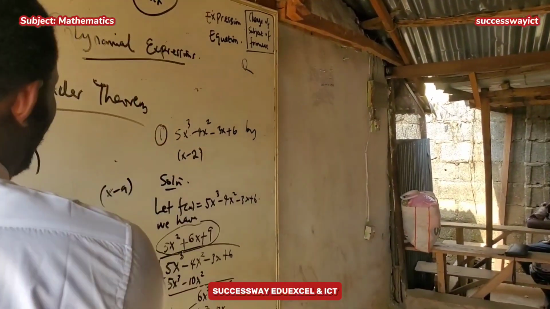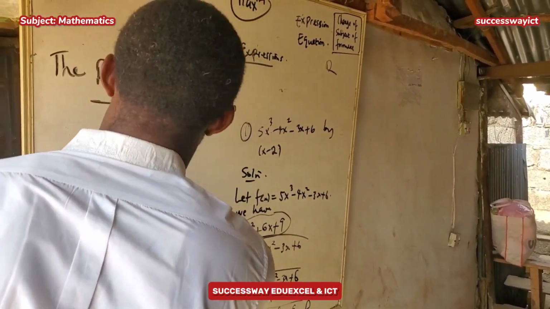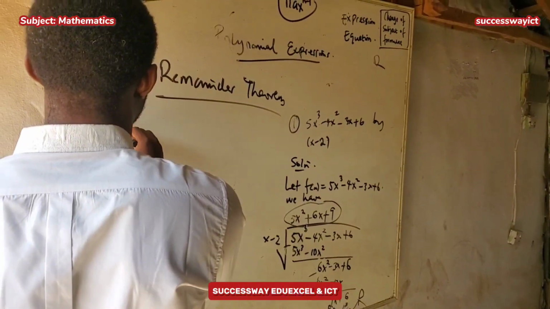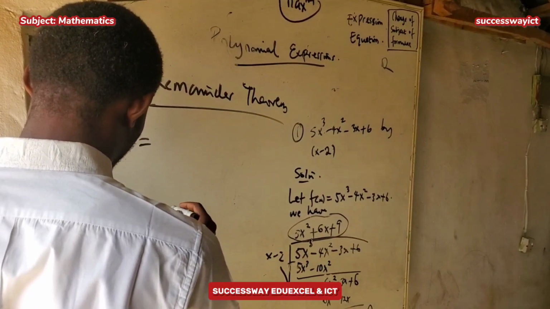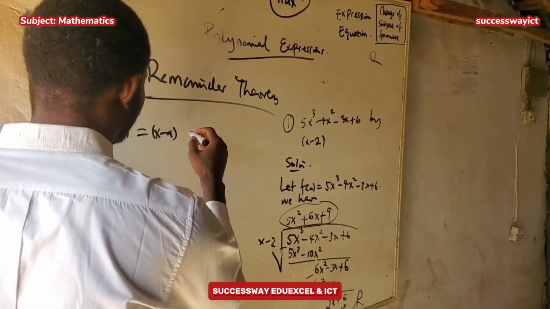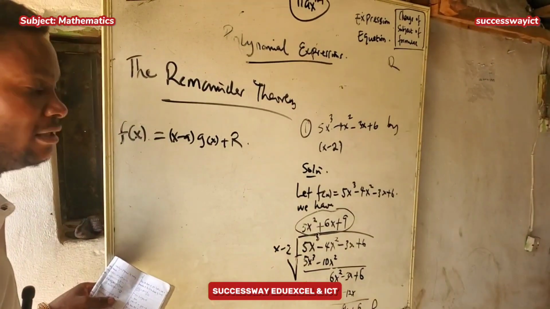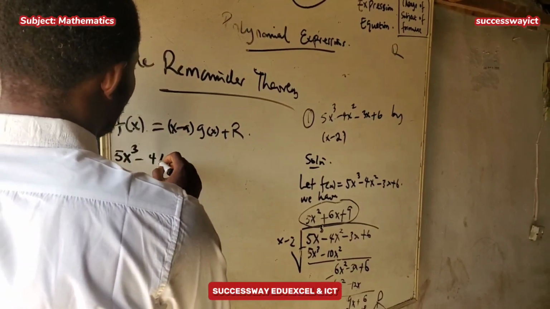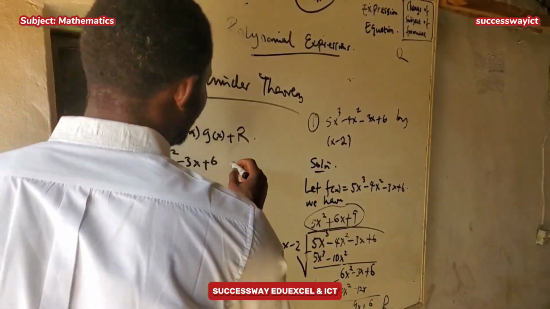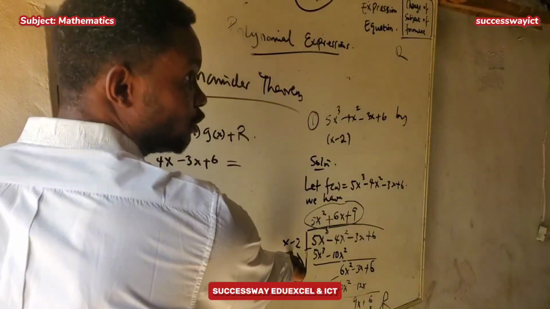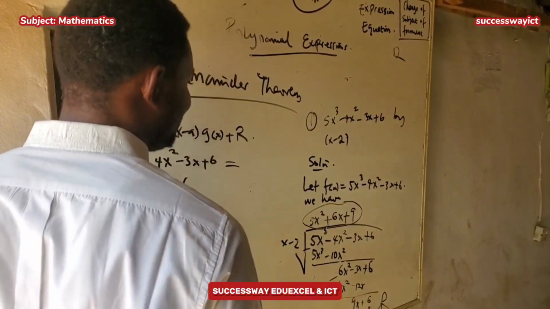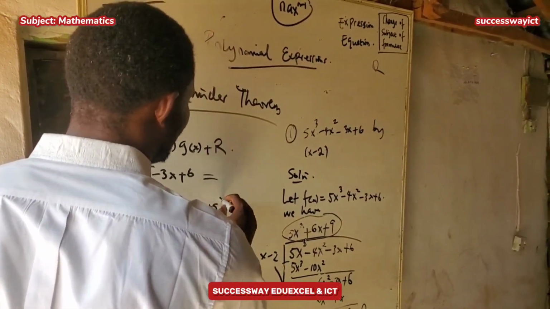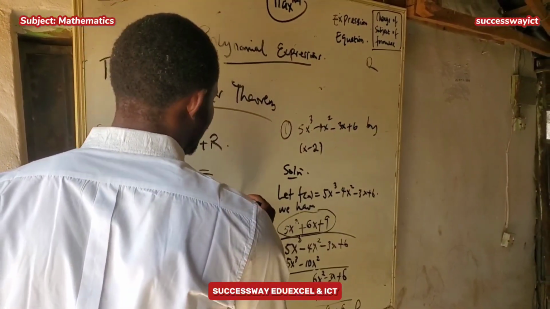This implies that your f of x now becomes what? f of x, we said, is equal to x minus a times g of x plus R. Which means that our f of x is the dividend, 5x cubed minus 4x squared minus 3x plus 6, is equal to x minus a, which is x minus 2, multiplied by your quotient, 5x squared plus 6x plus 9, plus your remainder, which is 24.